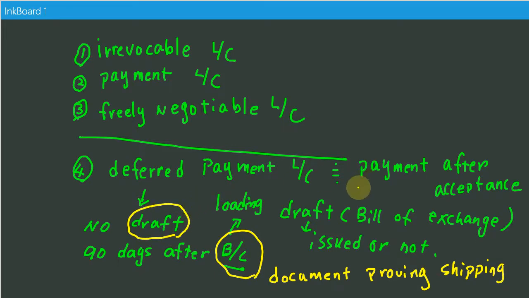But in contrast, payment after acceptance is a very similar method. These all belong to deferred, delayed. But the one critical distinction is whether a draft is issued or not.